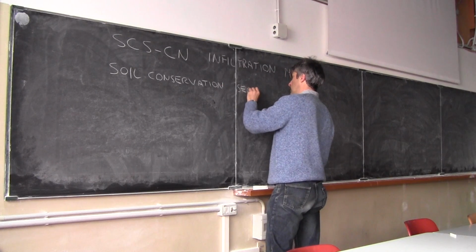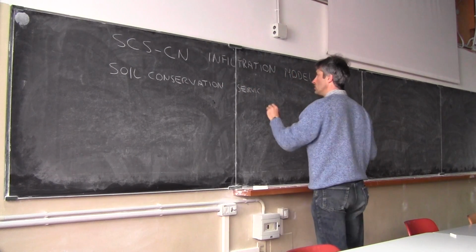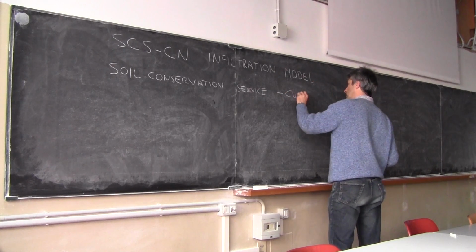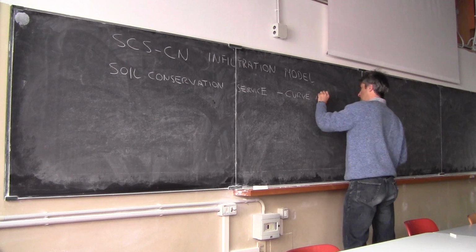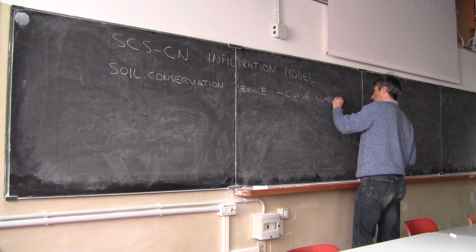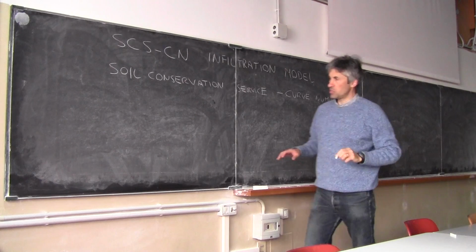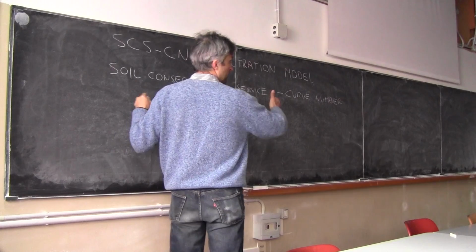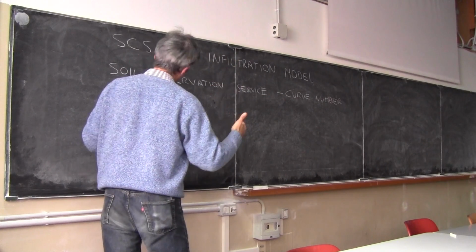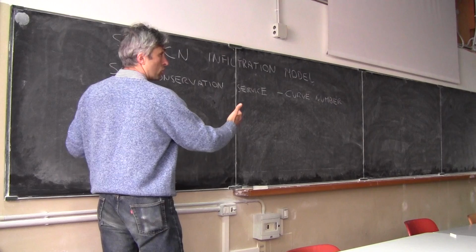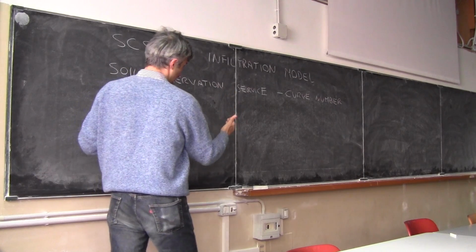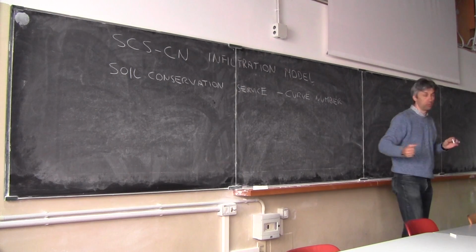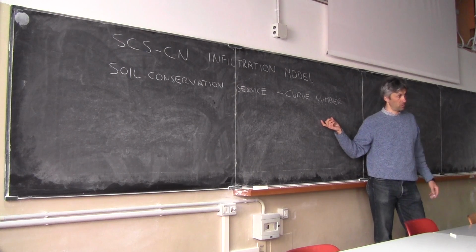It's a governmental service of the United States, and CN stands for curve number. So the meaning of the terminology is very easy to understand. The Soil Conservation Service is the governmental service in the United States who proposed this model, and the model was in particular called curve number. You will understand better why.